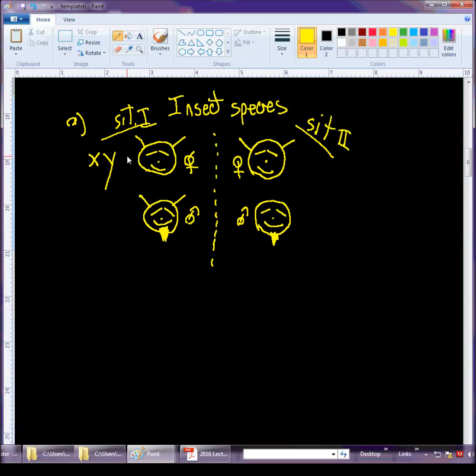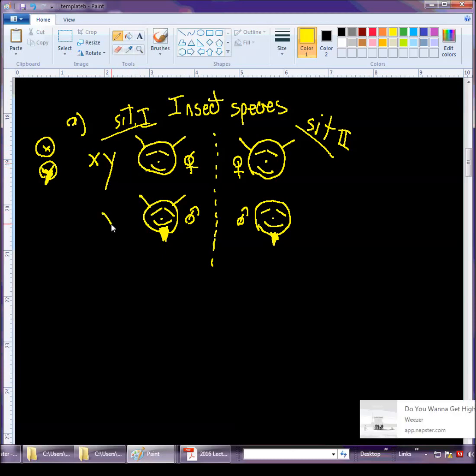It's heterogametic because it makes gametes that have either the X or the Y. So in situation A, or situation 1, the female is the heterogametic sex, so we put XY there, and the male would thus be the homogametic sex. That happens sometimes. In this question, we don't know which is which, so we're going to see a way we can figure that out.